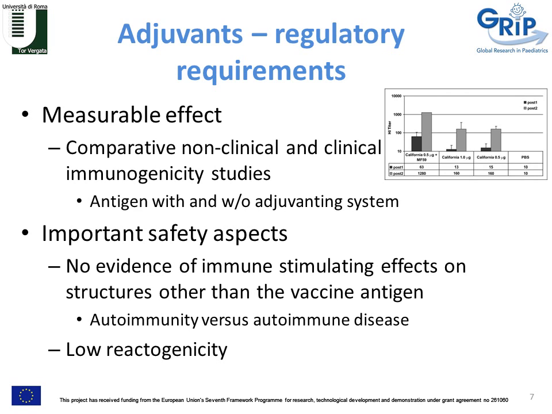The second thing are the safety aspects. There should be no evidence, or at least only a tolerable evidence, that the adjuvanted formulation is more reactogenic than the unadjuvanted formulation.